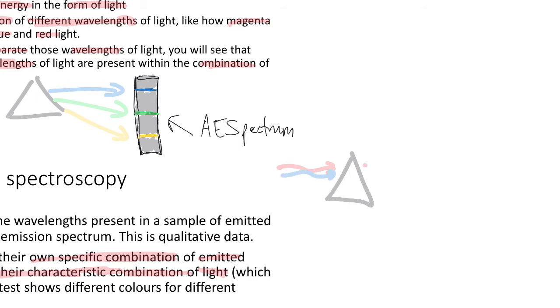When you put those through a prism, those will disperse a bit, and the AES that you'll see will only have a red line and a blue line. Okay, and the rest of it will be black again. So that's what you'll see for a different sample.